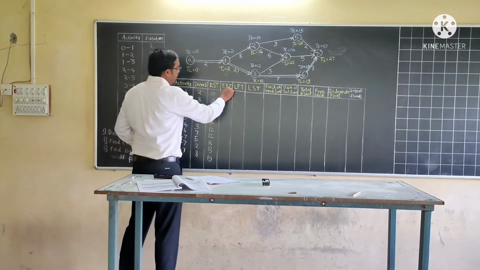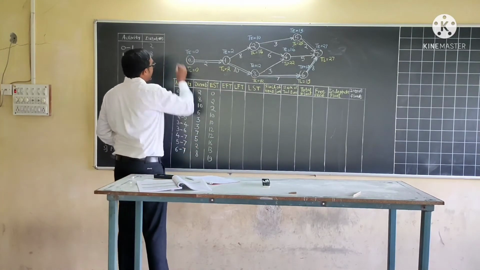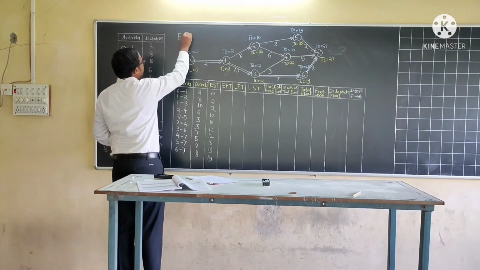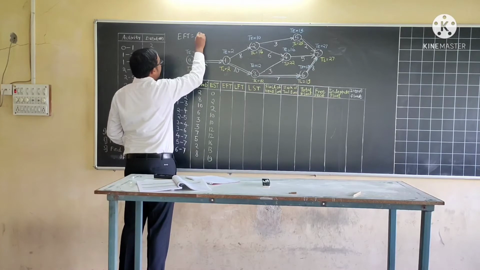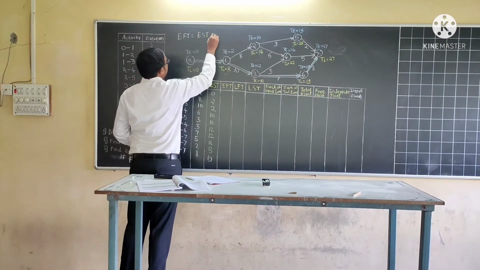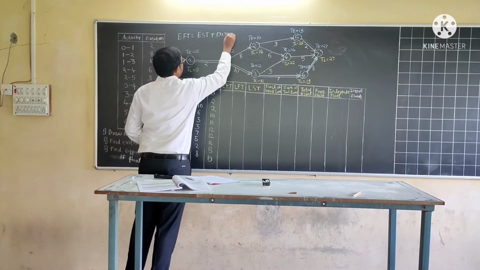Now EFT. How to calculate EFT? EFT is equal to EST, that is early start time, plus duration.